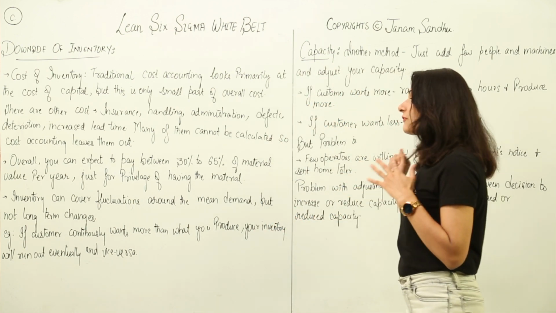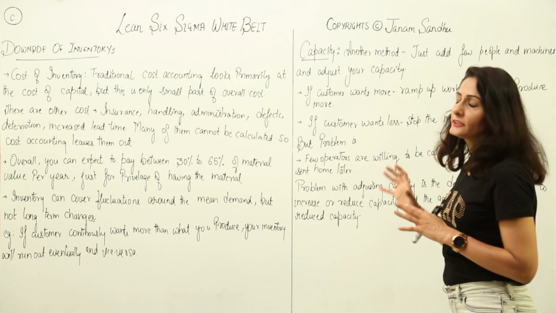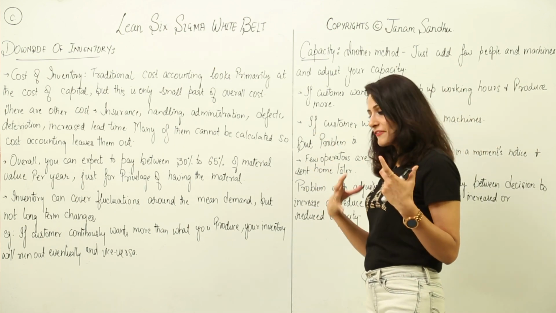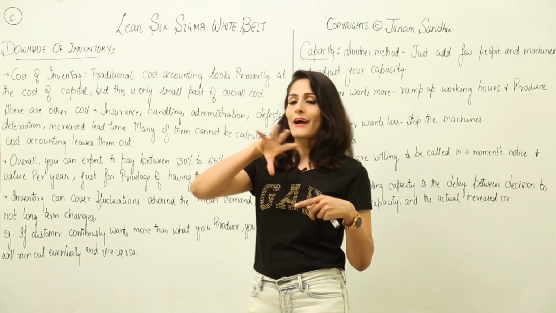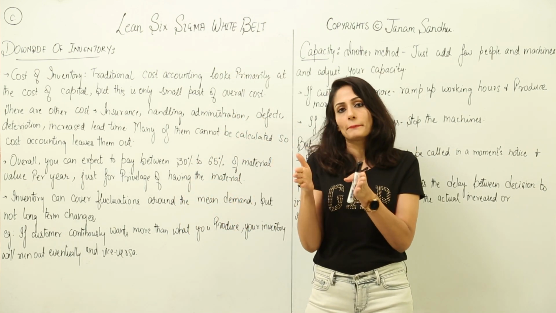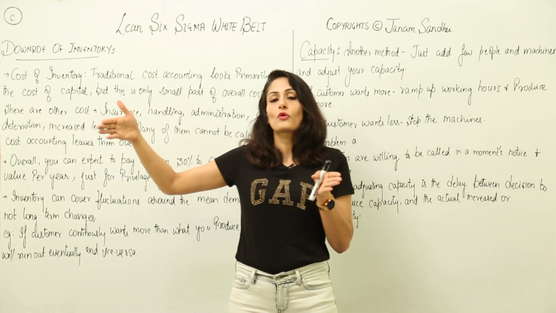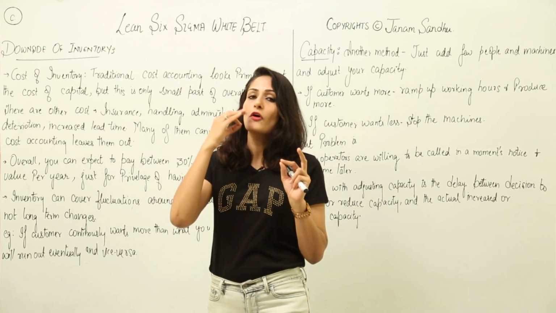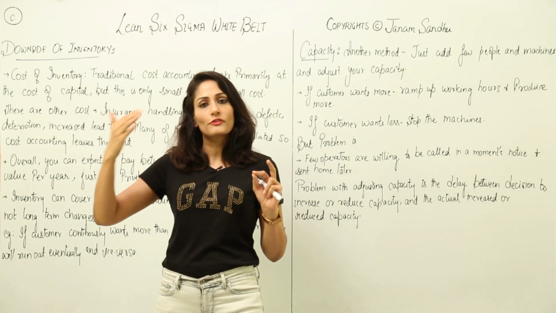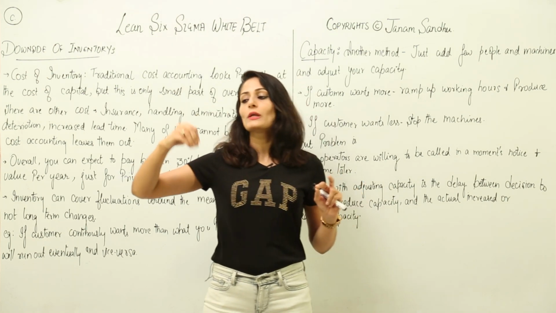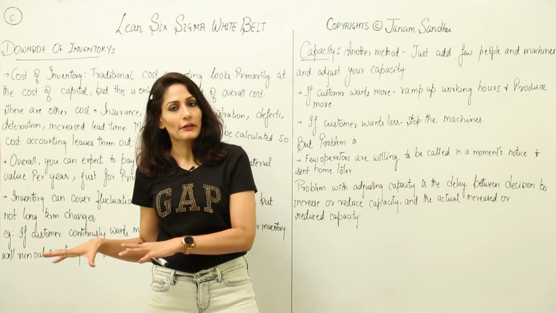Inventory can cover fluctuations around the mean demand, but not long term changes. So, you can have inventory to control the demand for a time being. You cannot control it for a long time. Let me explain why. For example, if your customer demand is continuously increasing, eventually you will end up with no inventory.